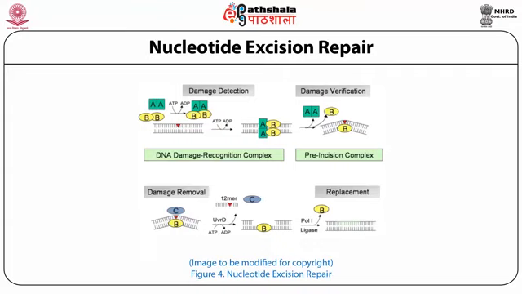coli, nucleotide excision repair is an ATP-dependent process where the action of UvrA, UvrB, and UvrC proteins, which are the products of the uvrA, B, C genes, is required to repair the helix distortion in DNA.